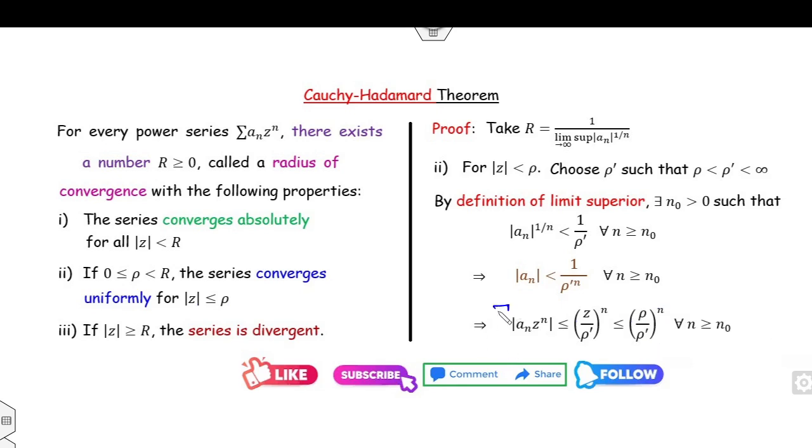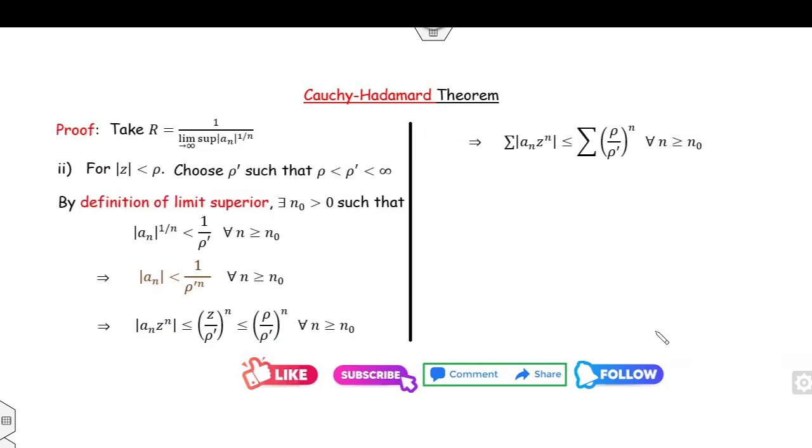I can take the summation on both sides. Fine. So this number looks like, say, M. That means if you consider this part, this is Mn. Now my target is to prove this is convergent. How can you prove that this is convergent?